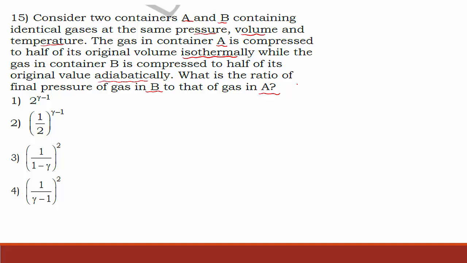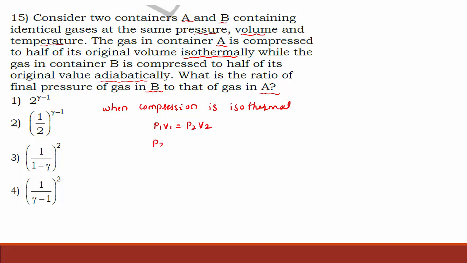Here you can use, when the compression is isothermal for gas A, the isothermal process equation. When compression is isothermal for the first container, we can write the equation P1 V1 equal to P2 V2 at constant temperature.